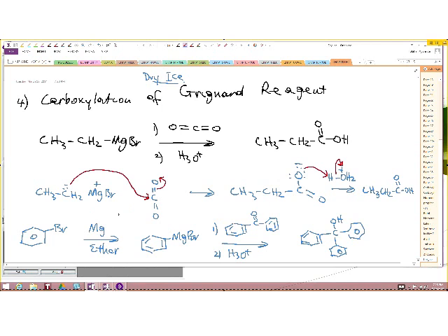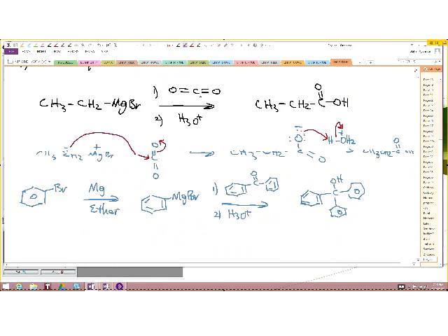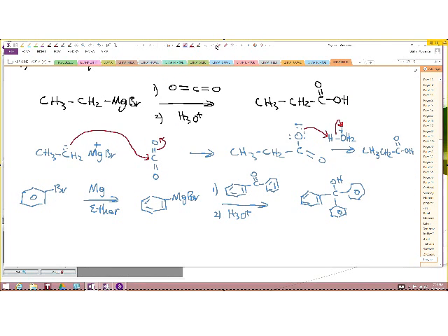But anyway, if you want to use this Grignard reagent to make carboxylic acid, once you form this, you dump in some dry ice, carbon dioxide, step 1, and then step 2. In this case, you are going to get benzoic acid.